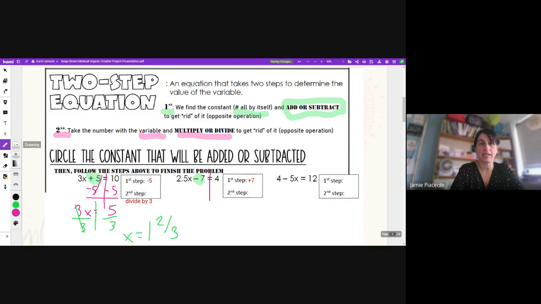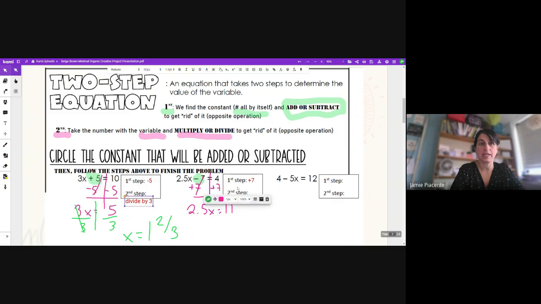So I'm going to plus 7 plus 7. 2.5x equals 4 plus 7 is 11. Now my second step, I have the 2.5 touching the x. So what operation is that when it's touching like that? It's being multiplied. So to undo multiplication, we are going to divide by 2.5.